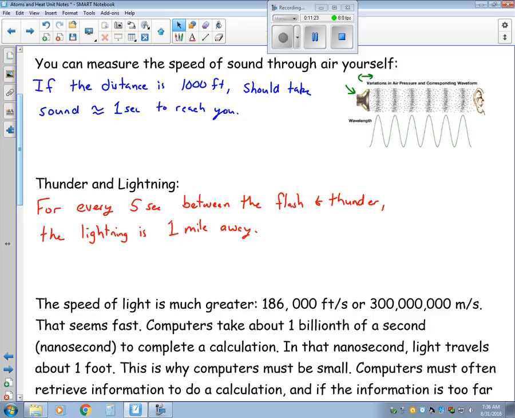So a good rule of thumb is 5 seconds. So you see the flash of lightning and immediately start counting. If you reach 5 seconds before you hear the thunder, the lightning is roughly 1 mile away. So that's a good way to figure out how far you are away from a thunderstorm.